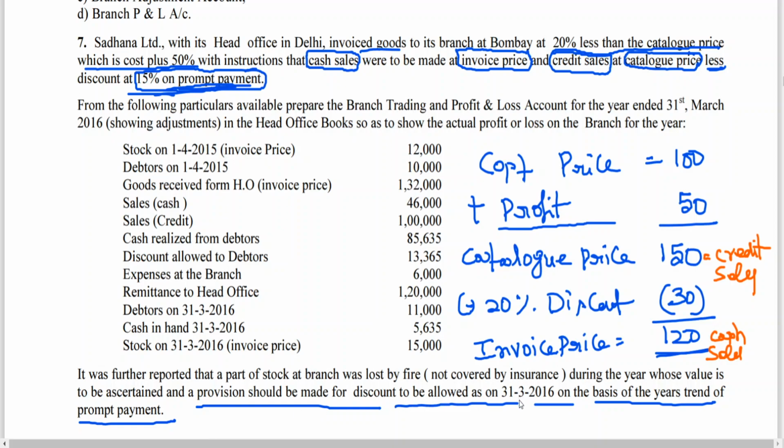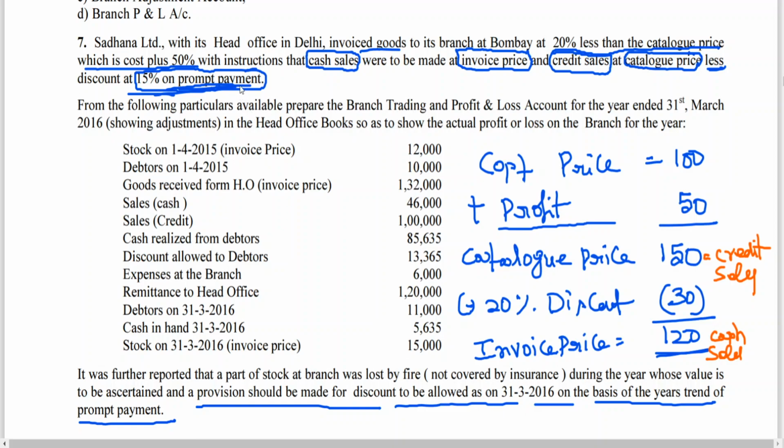Means, you know that provision for bad debts or provision for discount on debtors will be given at year ending. That provision is applicable for the next accounting year.